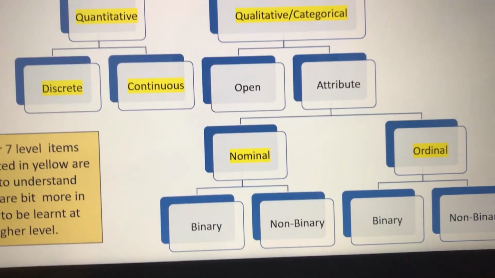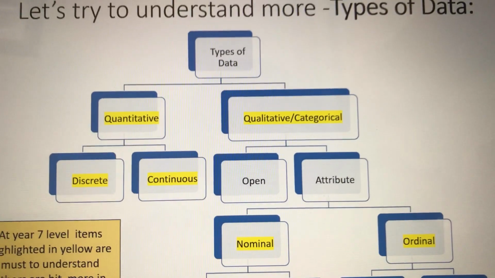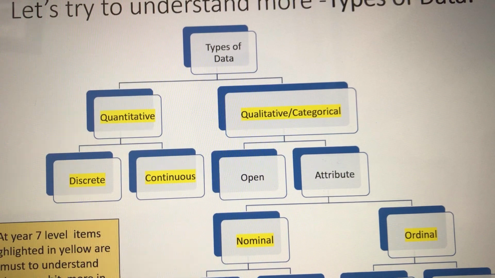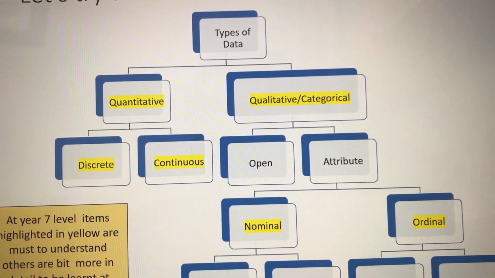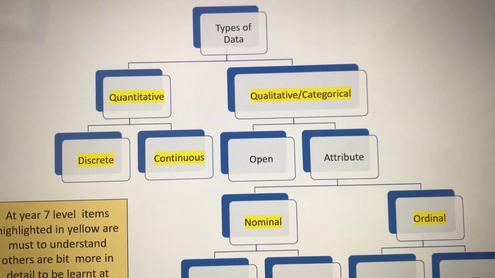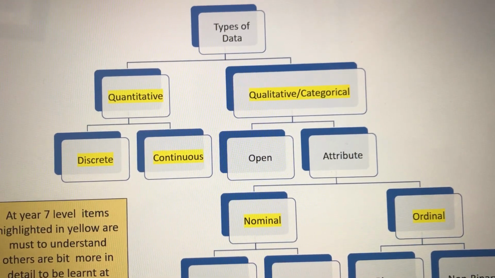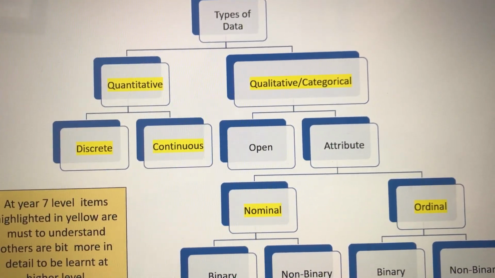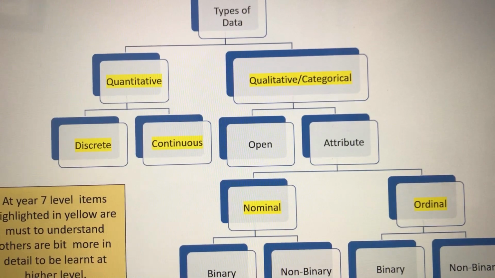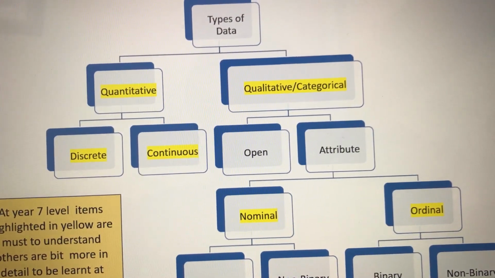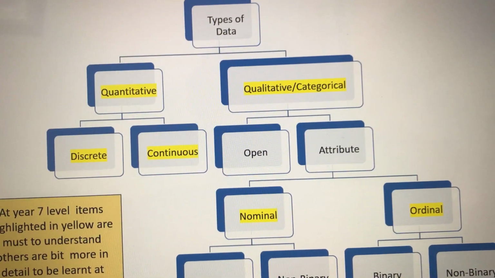Now let's come to the core topic about the types of data. A little general understanding we have developed about data. Now let's try to analyze a little further. Types of data, as I mentioned, quantitative and qualitative. Let's try to understand quantitative further, discrete and continuous.